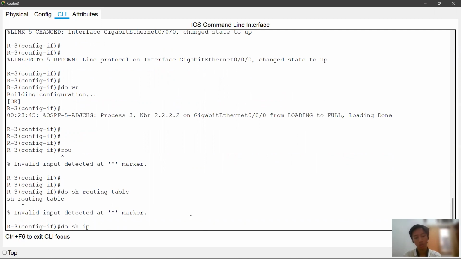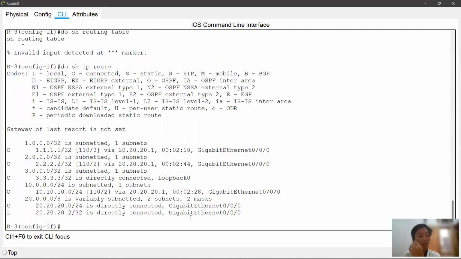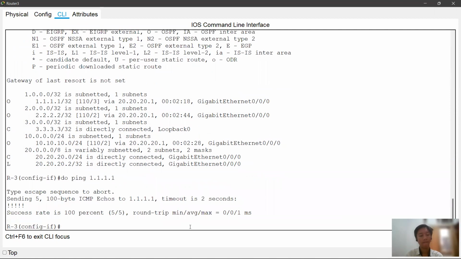Do show ip route. This is done. So you can ping from router 3 to router 1. Okay, finish. Maybe that's all from me.